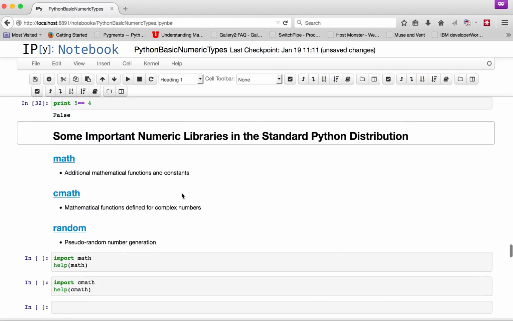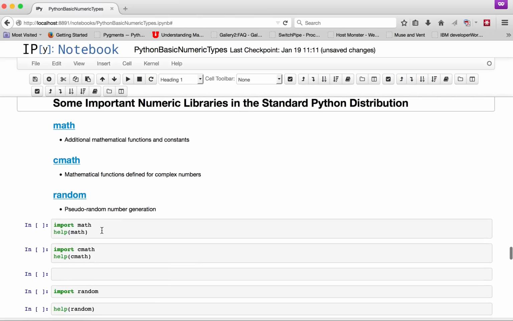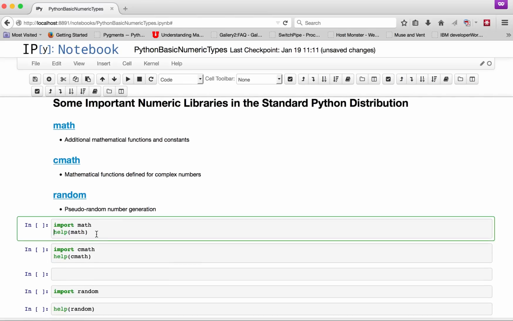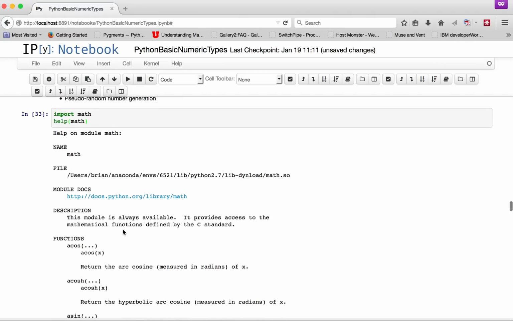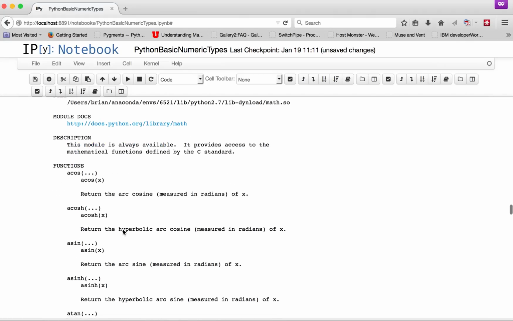There are some important numeric libraries to be familiar with: math, cmath, and random. Random generates various pseudo-random number generators. We can find out what's the content of each of these by importing them and using help. The help will tell us everything that Python has stored in terms of help documentation about what's in this module.